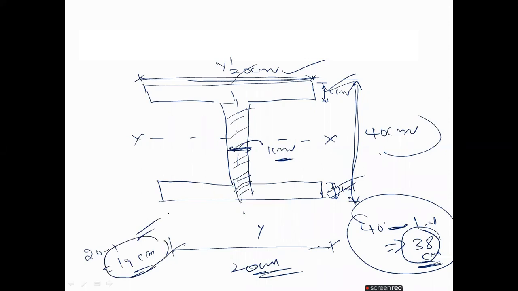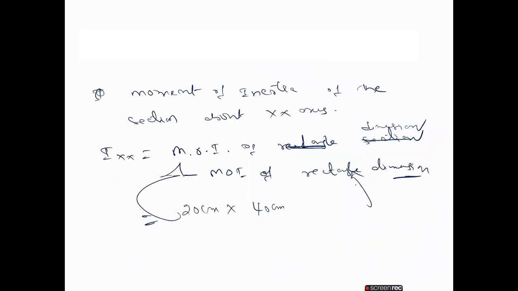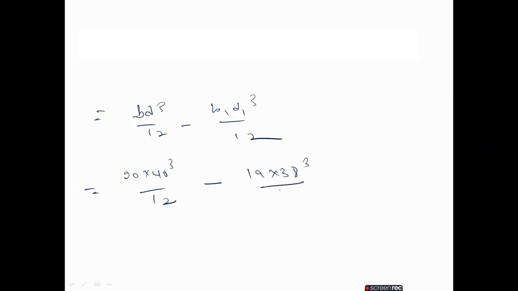That is nothing but 19 by 38 centimeter. Now we will calculate the moment of inertia. I will write here: BD cube by 12 minus B1 D1 cube by 12. So BD cube by 12 means we take the 20 by 40 dimension, that is 20 into 40 cube by 12, minus 19 into 38 cube by 12.